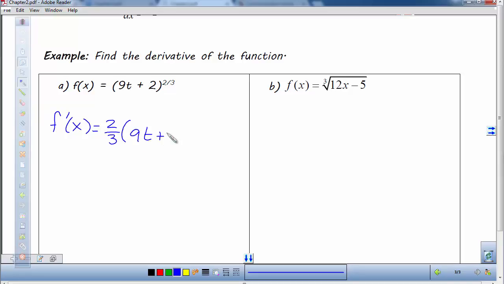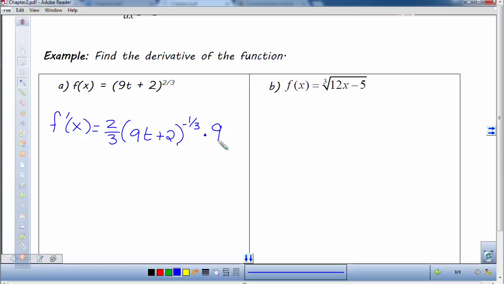I'm not going to do anything to the inside right now. I'm going to subtract 1 from the exponent. We get what? Minus 1/3. Now I have to take the derivative of the inside. The derivative of 9t plus 2 is what? 9. So we say times 9. And now we can simplify.